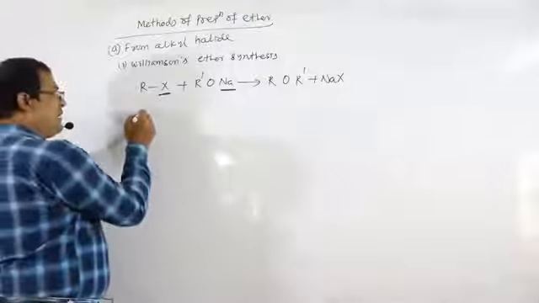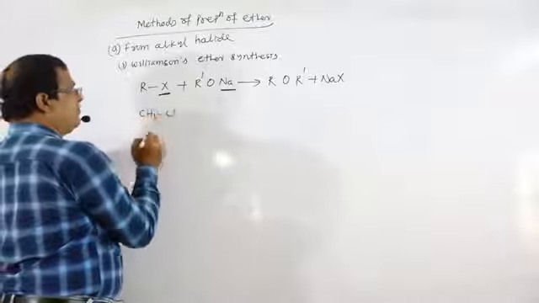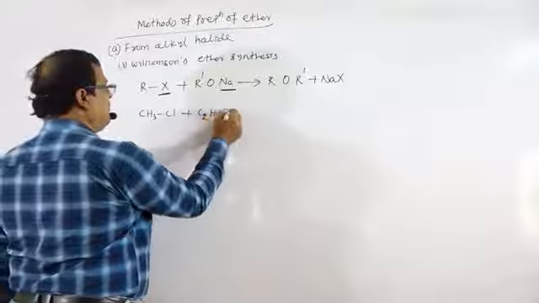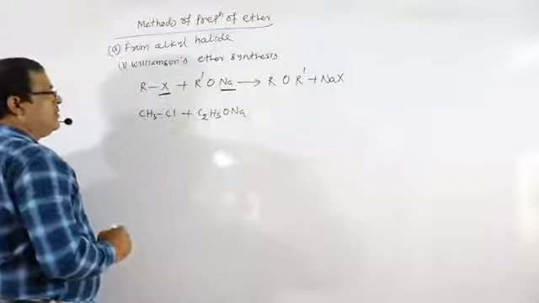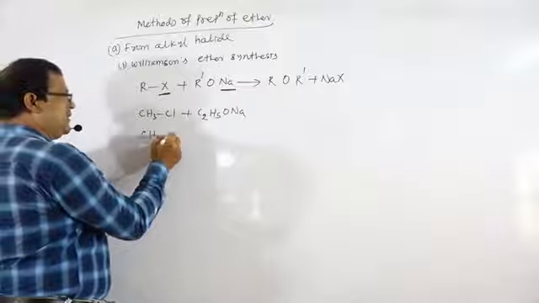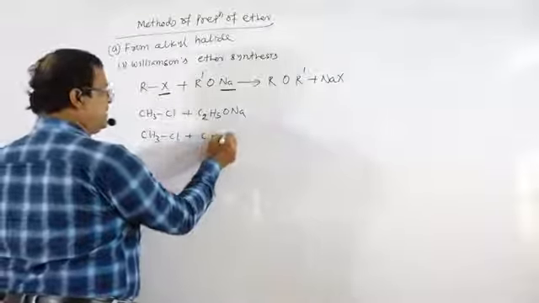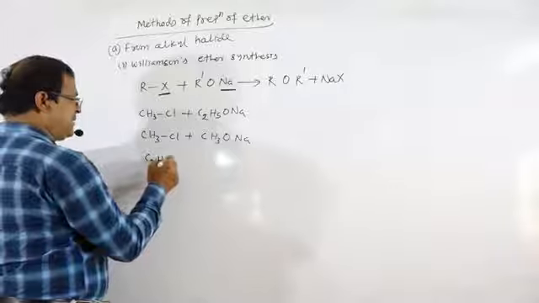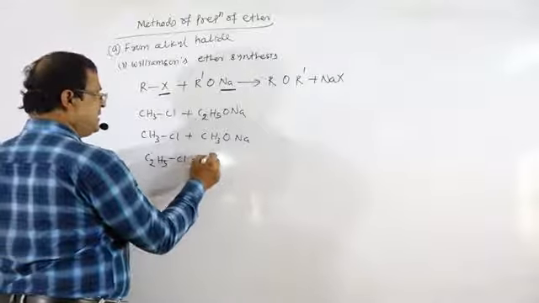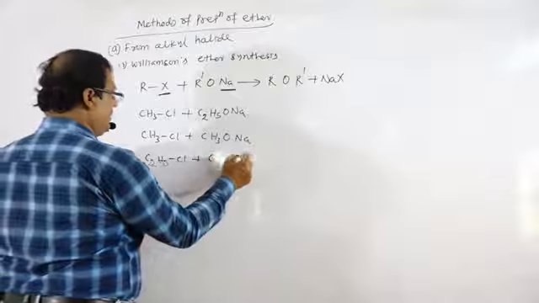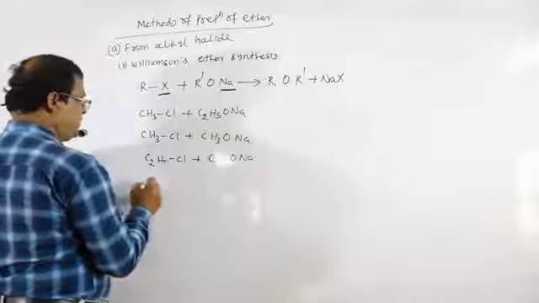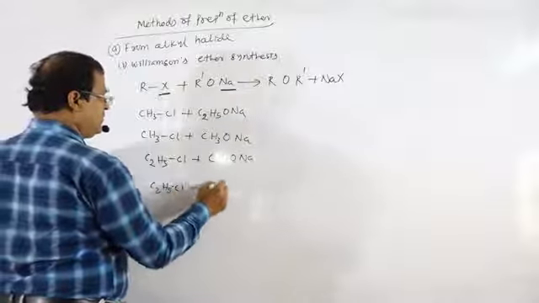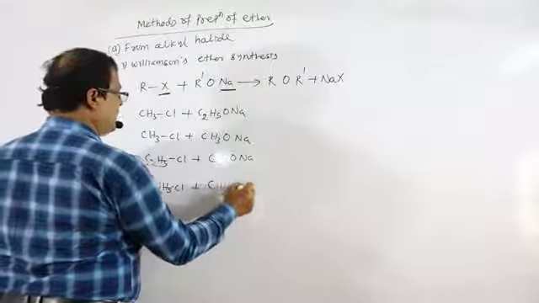For example, we can take CH3Cl plus C2H5ONa, or CH3Cl plus CH3ONa, or C2H5Cl plus CH3ONa, or C2H5Cl plus C2H5ONa.